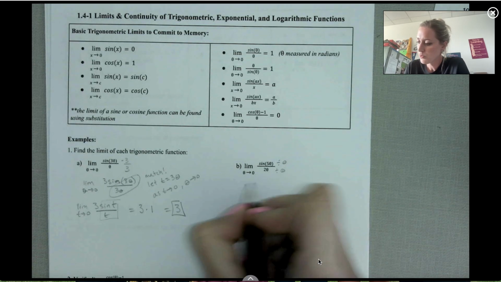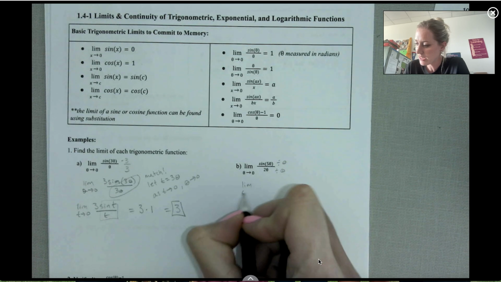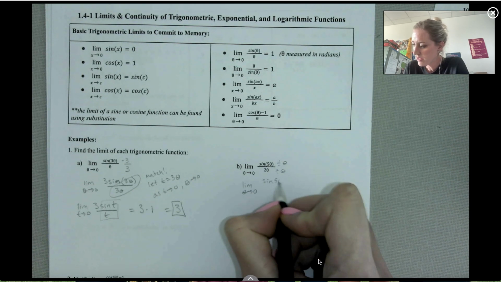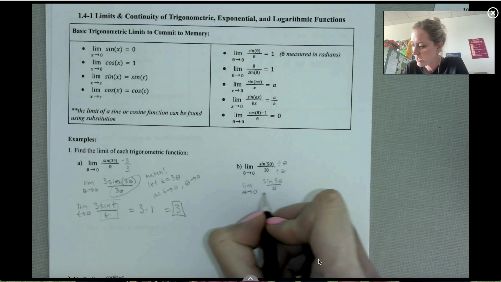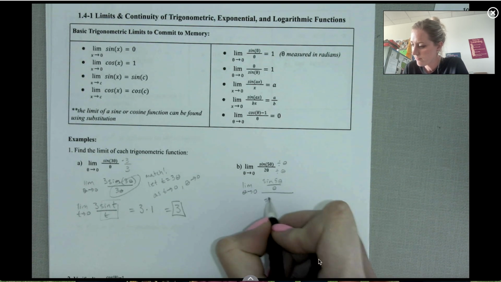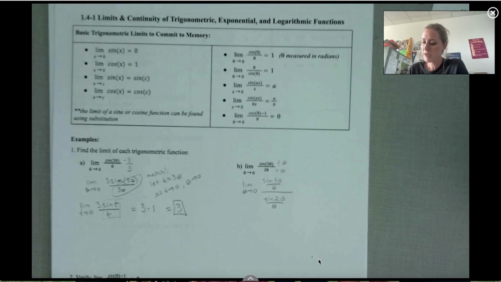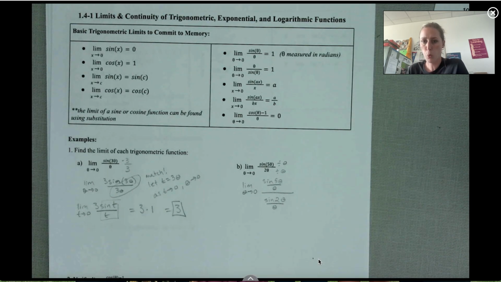So we now have the limit as theta approaches 0 of sine of 5 theta over theta, and then over sine 2 theta over theta. And then basically this turns into this twice.